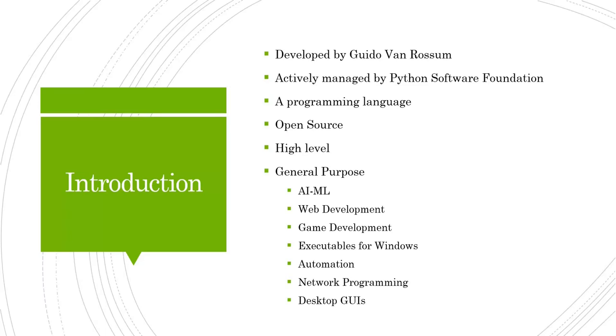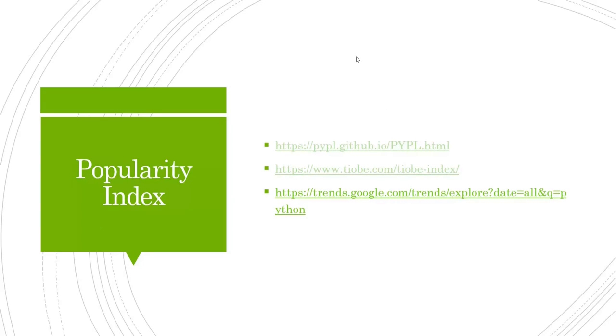It means that you can use Python for machine learning, web development, game development, to create executables for Windows, to automate a few tasks, for network programming as well as desktop GUIs. So it is a general purpose language which can be used for any required purpose.